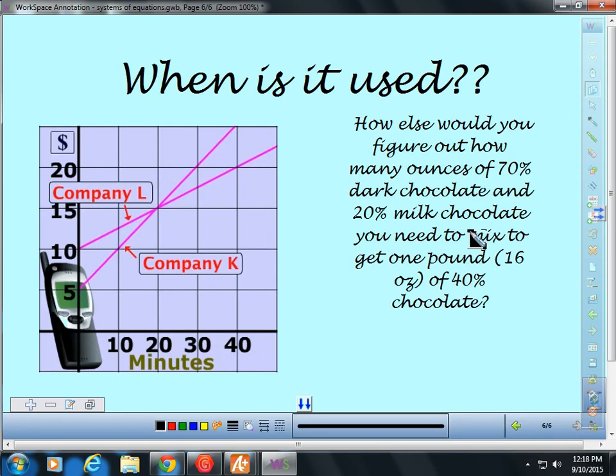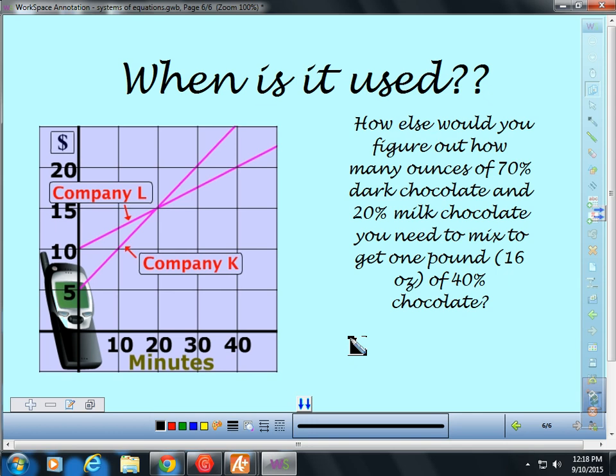When is it actually used? Well, that's a pretty good question. It's very applicable to real life. This is an example right here of looking at two cell phone companies and how many minutes you get compared to the money, and when is it better to go with one company versus the other, depending on how much time you actually use your phone. The chocolate example also, a lot of systems goes into inequalities and things like that that you'll need to know later on that can help businesses.